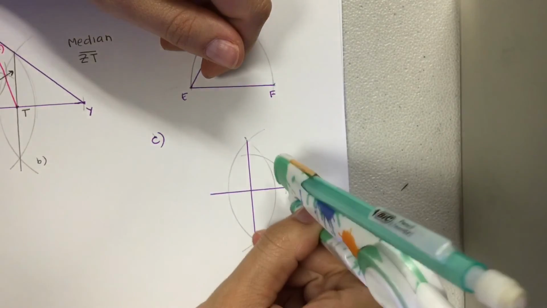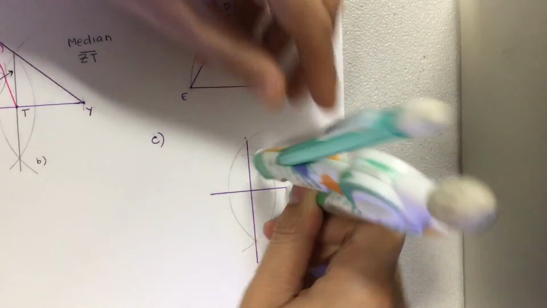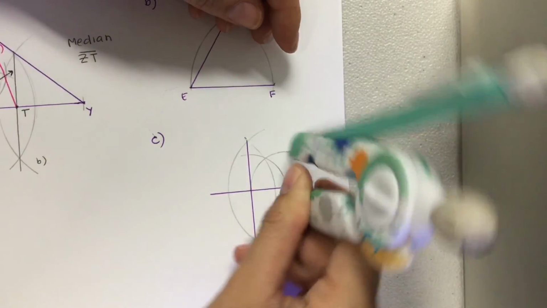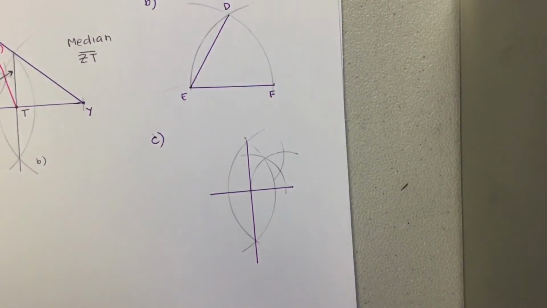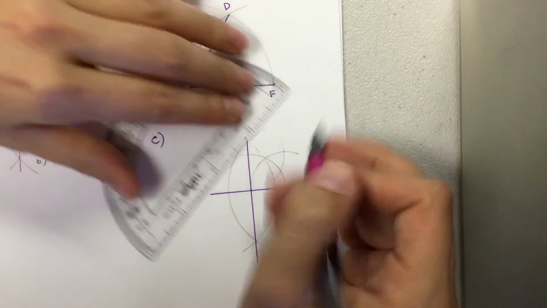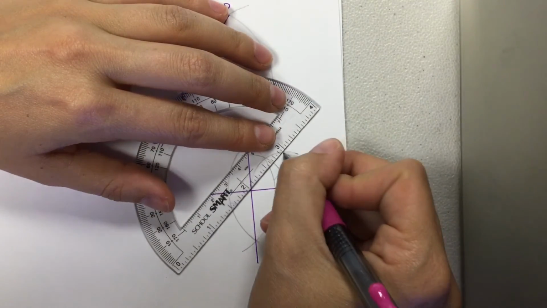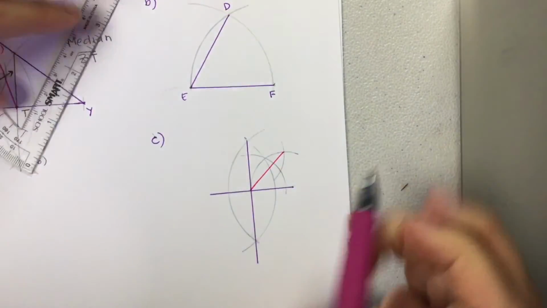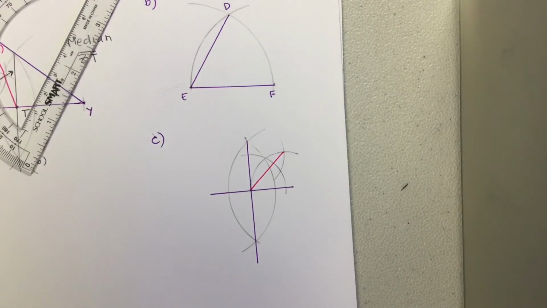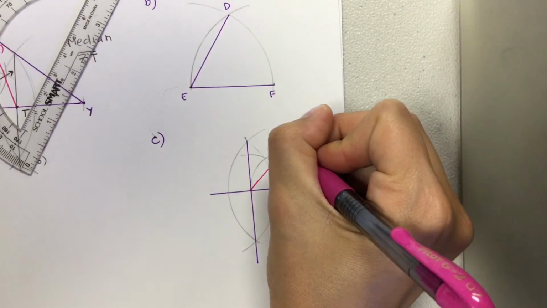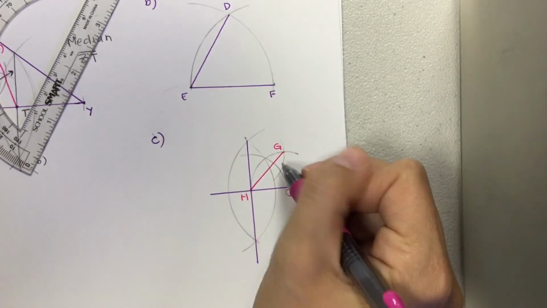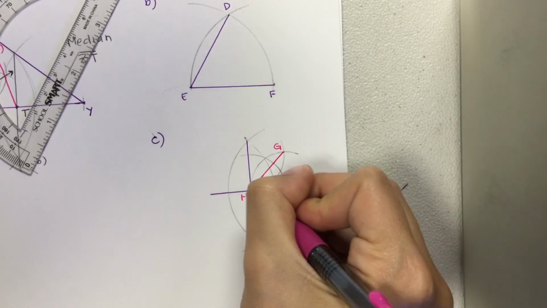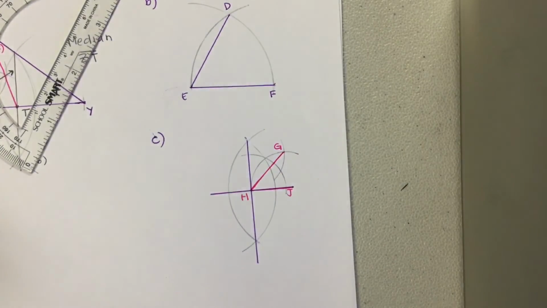Draw an arc across and then bisect. All right, so there's my 45-degree angle, and we're calling it GHJ. So GHJ, this angle right here, 45 degrees.